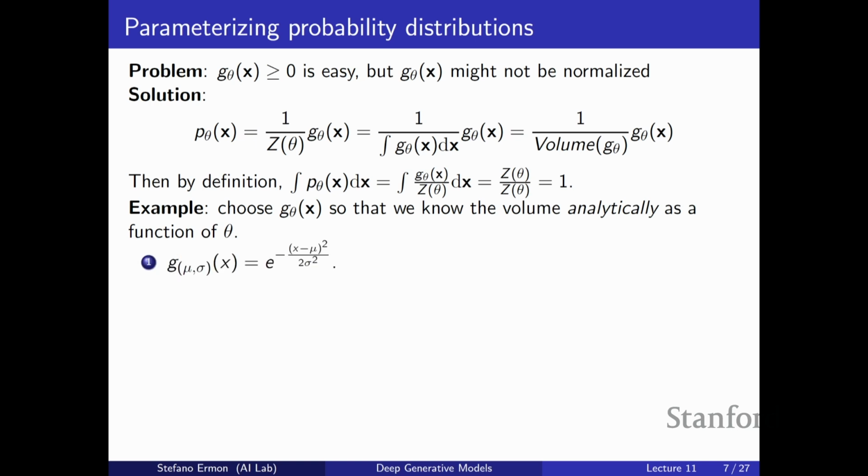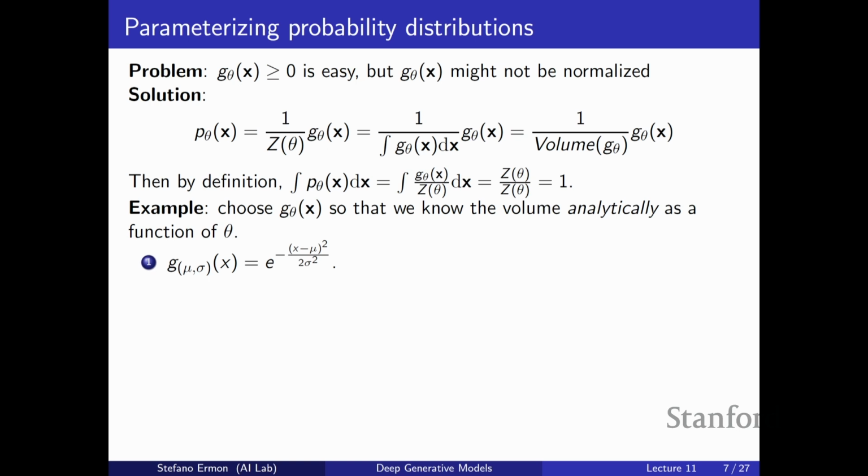For example, if we choose g to have a very simple form, like the relationship that you have in a Gaussian PDF, so g is basically a squared exponential with two parameters, mu and sigma, this non-negative function is e to the minus (x minus mu) squared divided by the variance sigma squared.